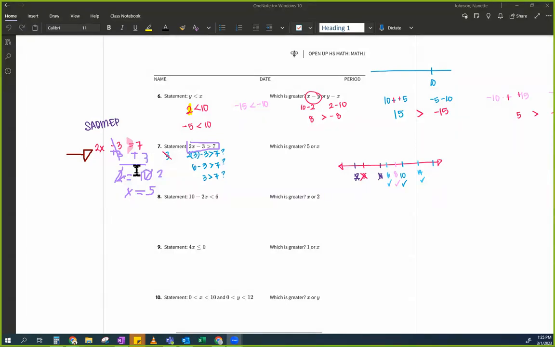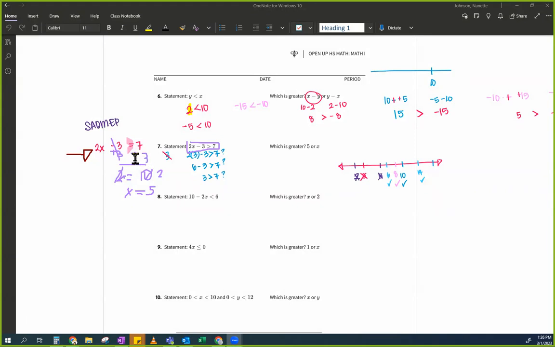You told me earlier that when I add something to both sides, did the symbol change? When I added something to both sides, very good. No, you should all be shaking your head. So now you know the answer. Listen, when I added 3 to both sides, did the symbol change?